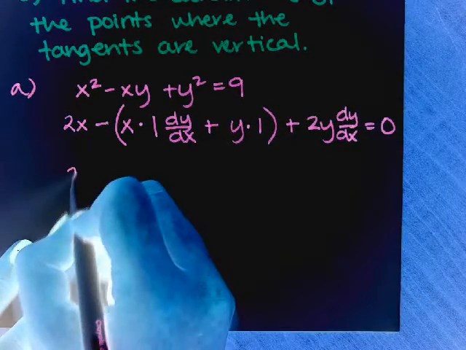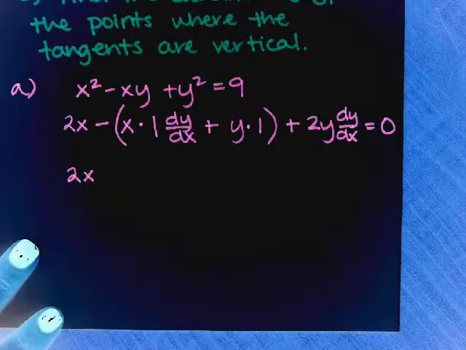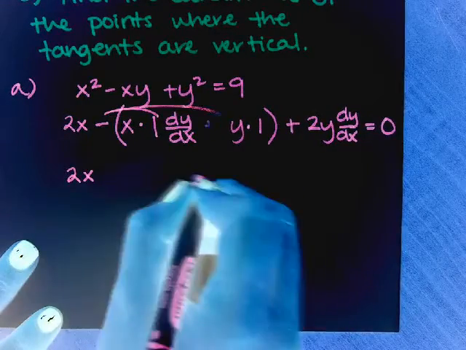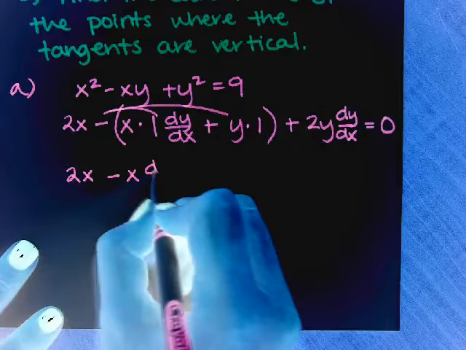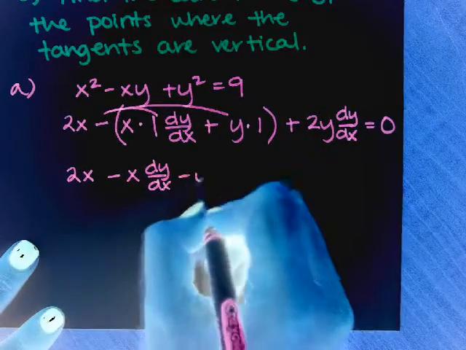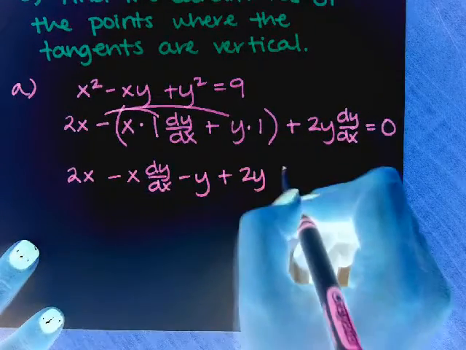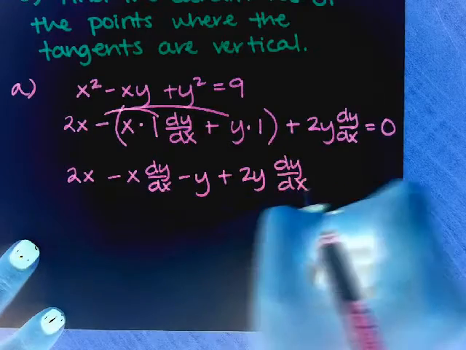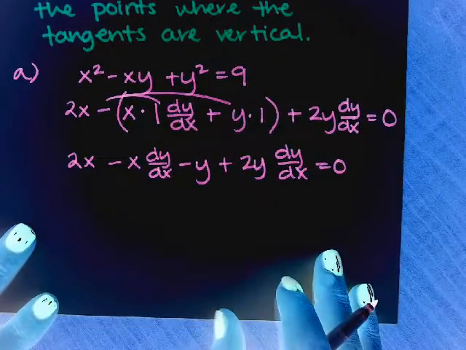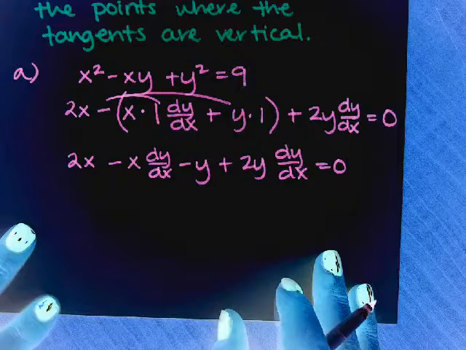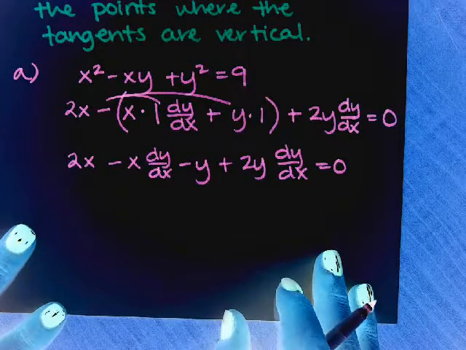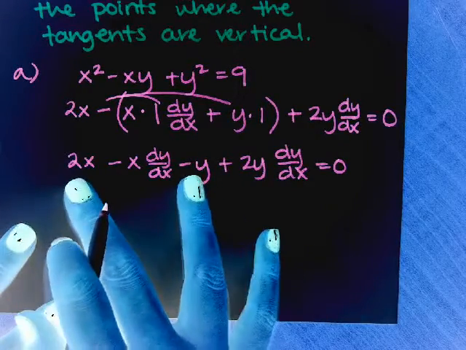All right, so I've got 2x minus x dy dx minus y plus 2y dy dx. Okay? Okay, move those over to the other side.